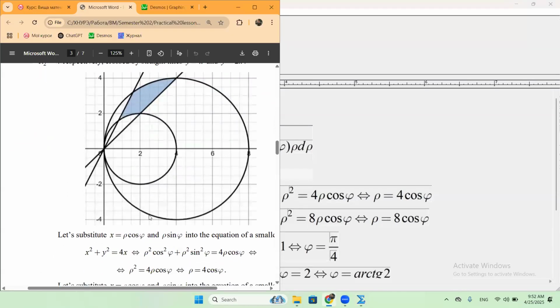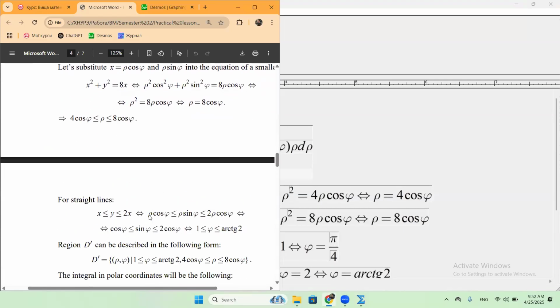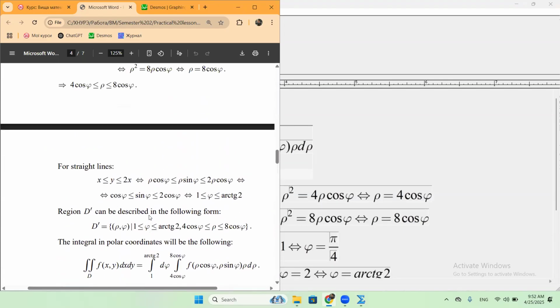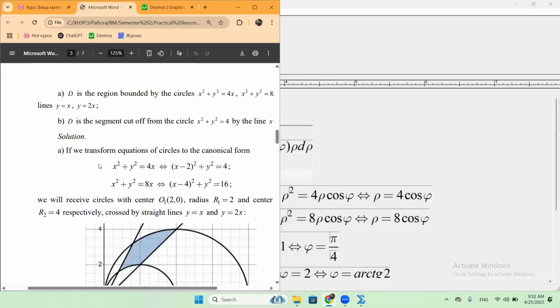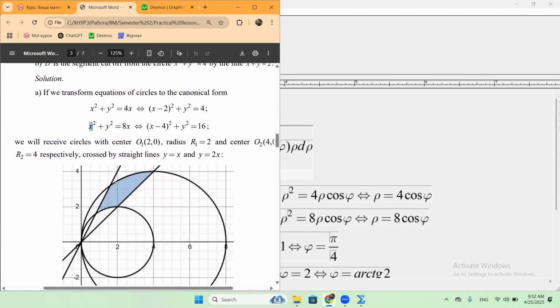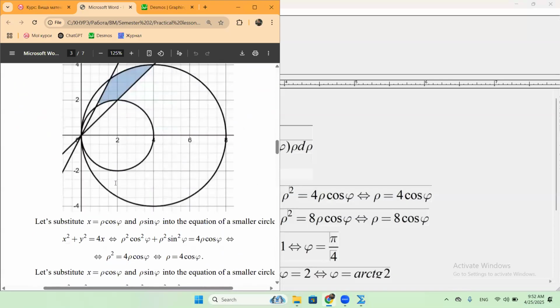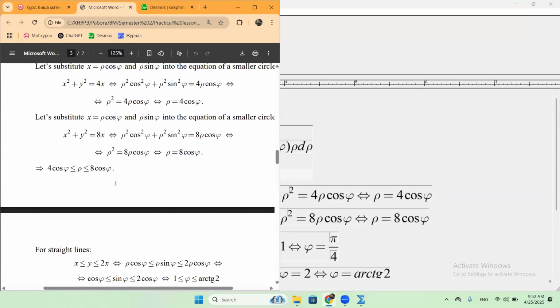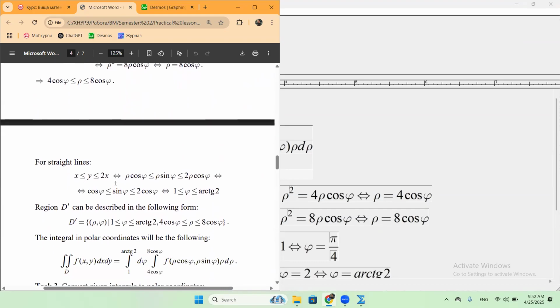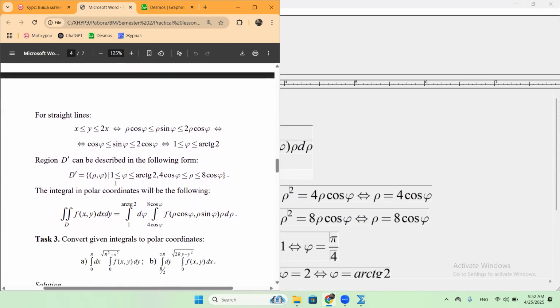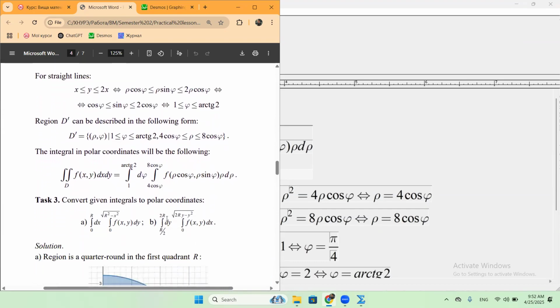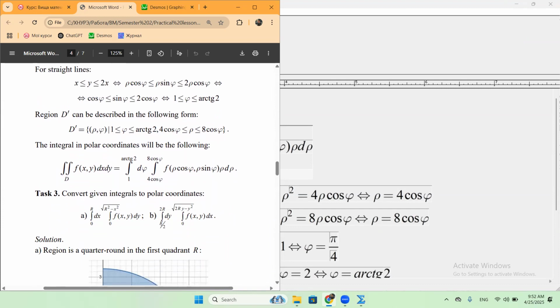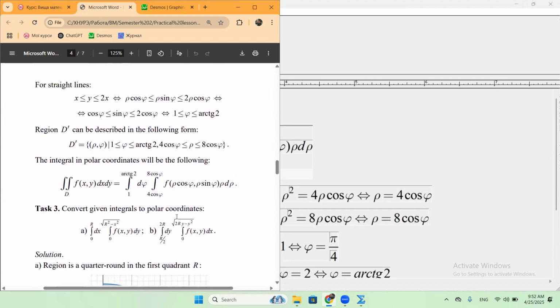So then moving next, 2b is analogical to a. And now we will skip it, but then we will continue. We will convert integrals to polar coordinates again.